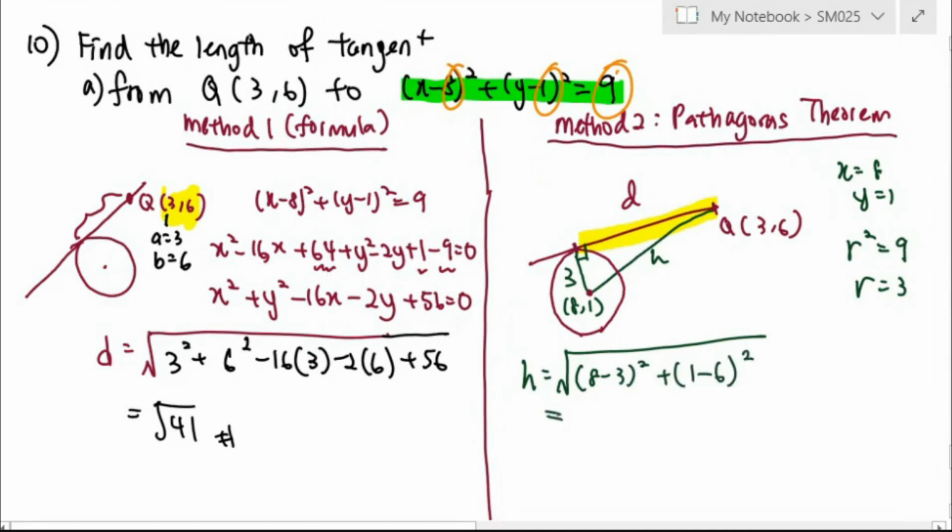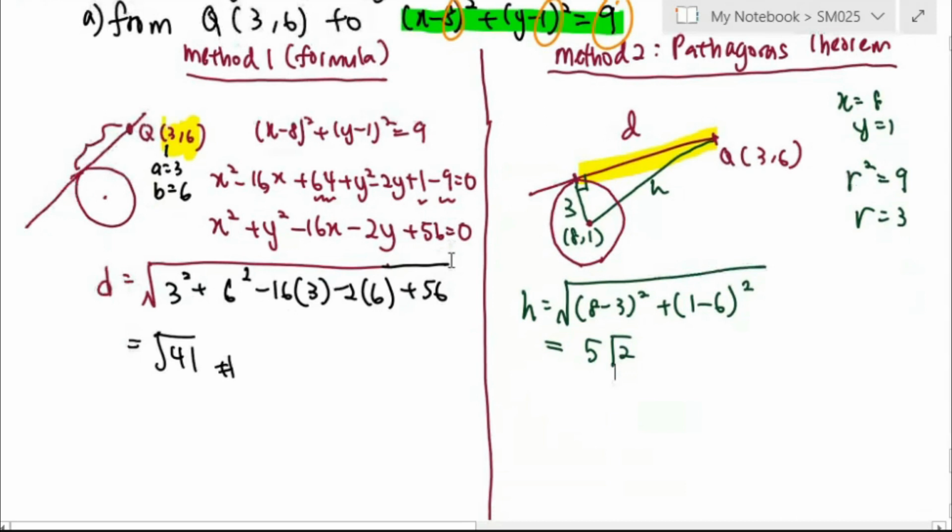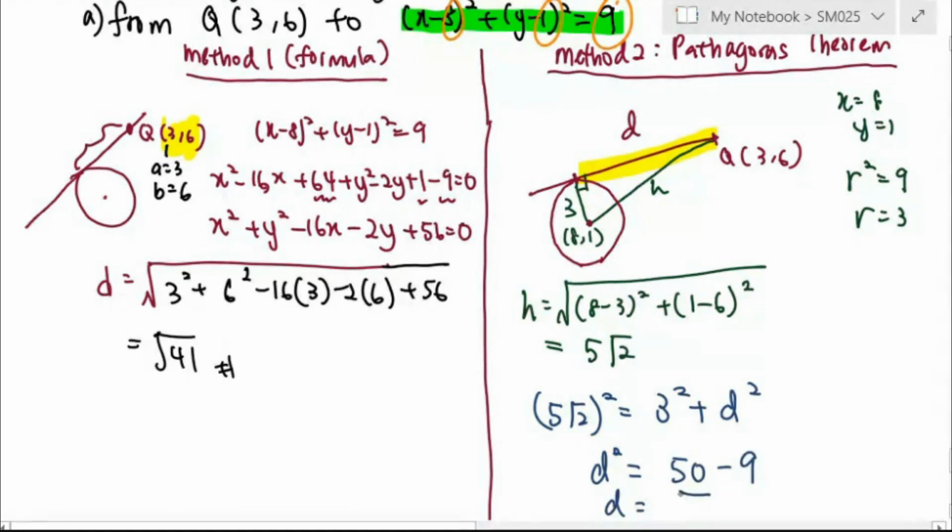Press your calculator, and your H will be square root 50. Then using your Pythagoras theorem, H squared, which is 50, equals 3 squared plus D squared. So D squared here will be 50 minus 9, and D will be square root 41. They have the same answer, but different methods.